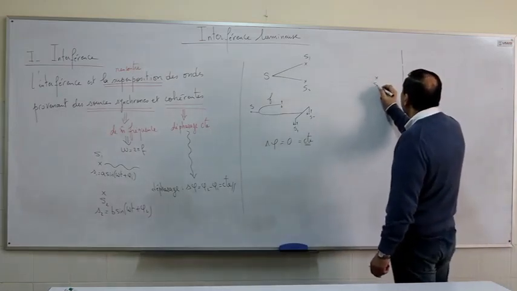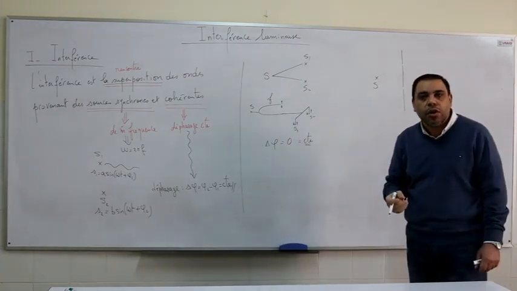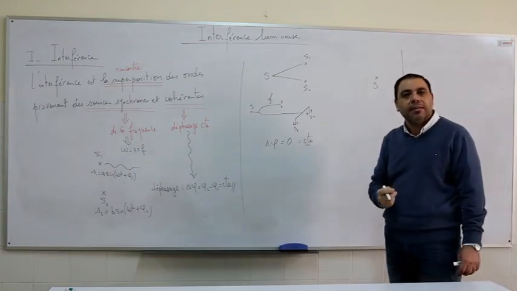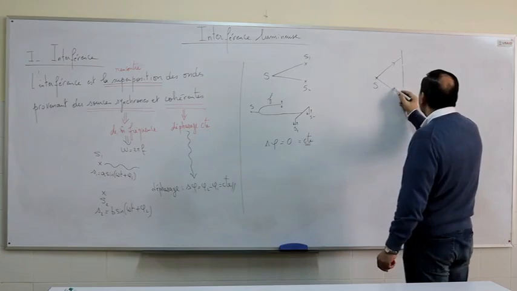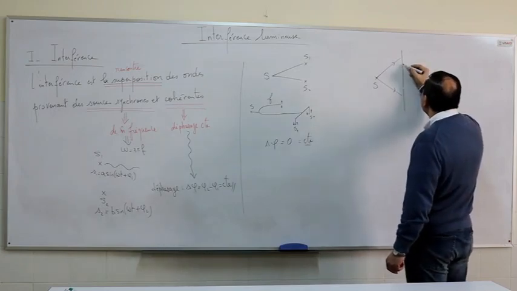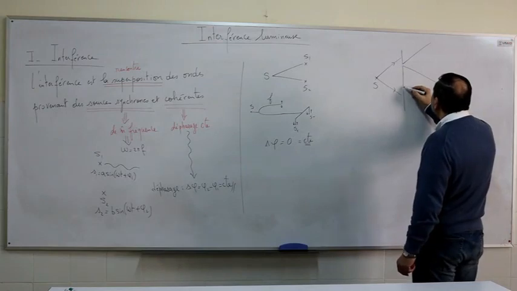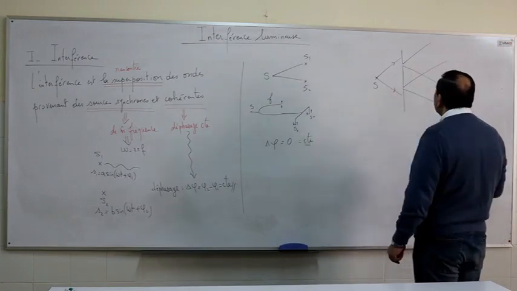And let's bring a light source S that emits a monochromatic light, which means that it is formed of one frequency or one color. The source S illuminates this screen. We notice that light leaves the two openings spreading out, as we saw in the previous chapter, diffraction.